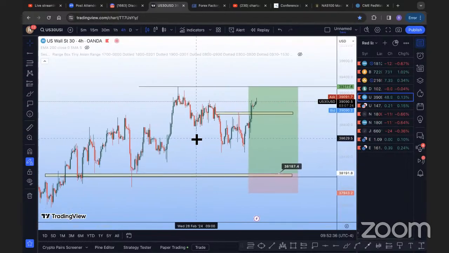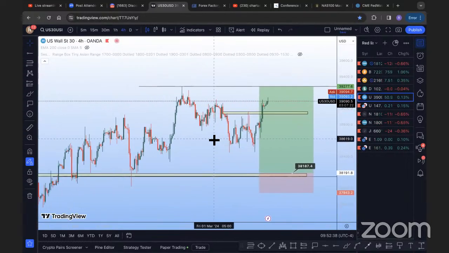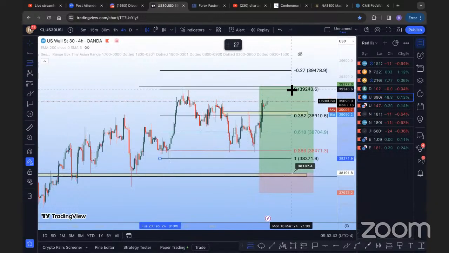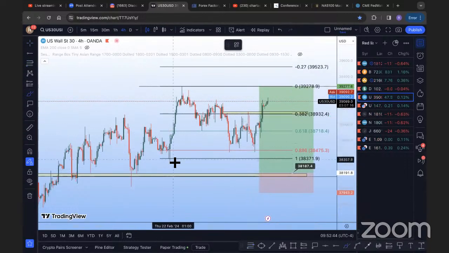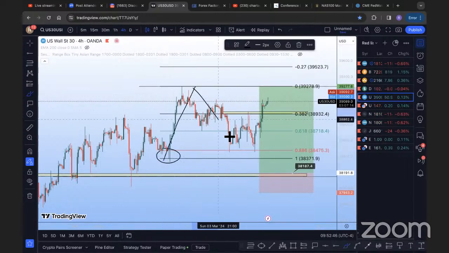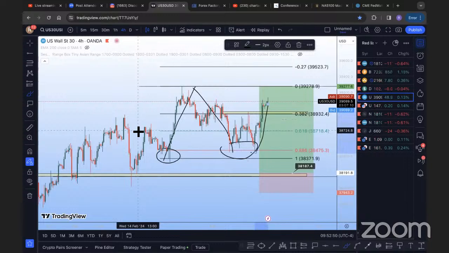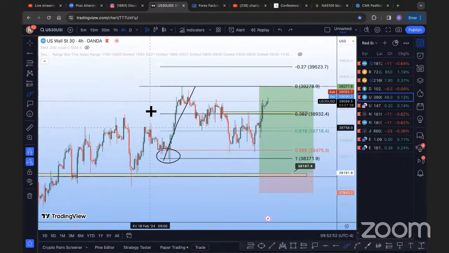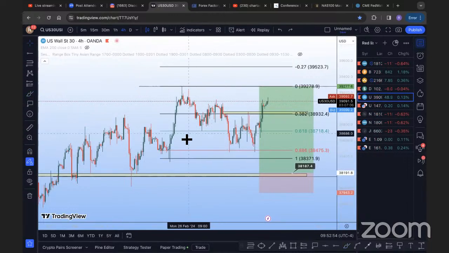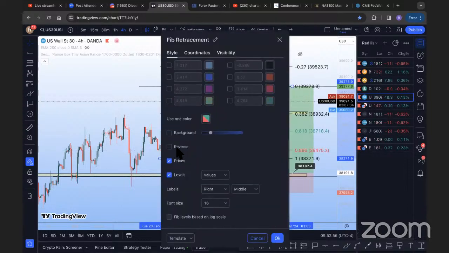I was waiting for this lower entry, but if Chart Addicts members, if you're paying attention, here: break, retest, triple bottom, continuation. Flip that around.